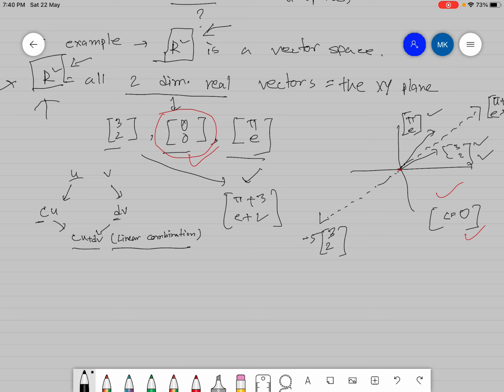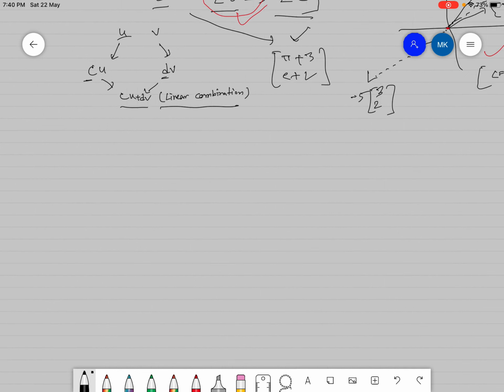If we summarize, to be a vector space, you need to have two characteristics.